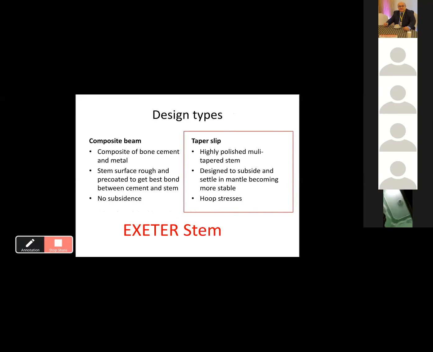But designs of cemented stems have changed. There are two types of cemented stem that you need to know about. One is a composite beam. The composite is that of your bone, then your cement, and then the metal of the stem. These are designed differently, so they're much bigger, and you have a stem with a very rough surface.